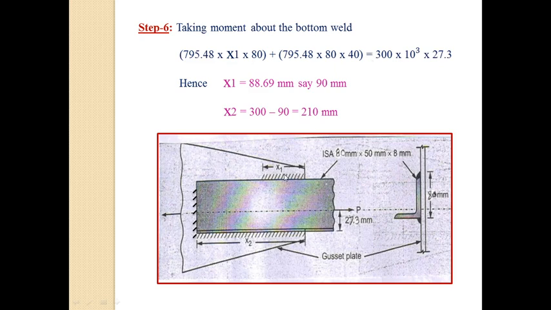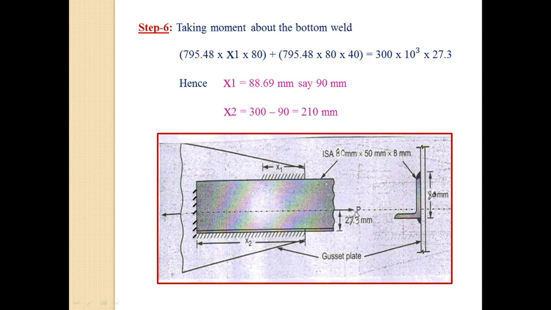is equal to y. Suppose we consider the anti-clockwise direction positive, and the clockwise direction negative, so therefore it is on the right side. The load P given in the problem is 300 kilonewton. This load acts at the CG, that is Cxx, 27.3 mm.